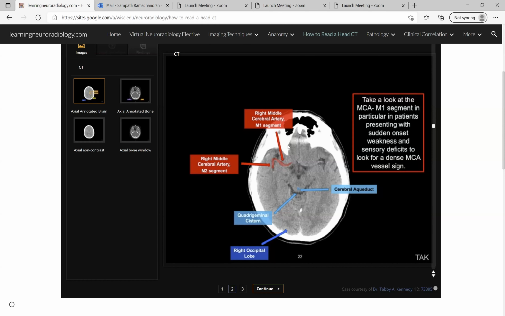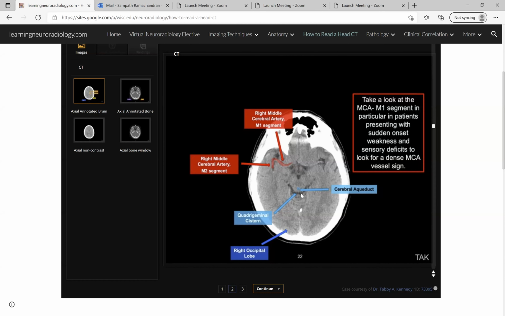In many cases, we can't see it, but in cases where we can see it, it's very useful because we can do a very early intervention and quickly get the patient to thrombectomy or other kinds of intervention to get the thrombus lysed.